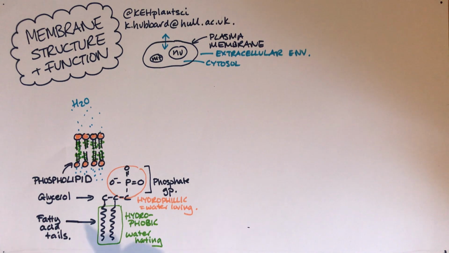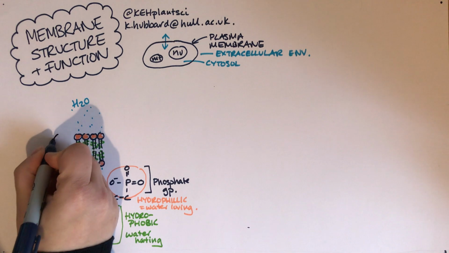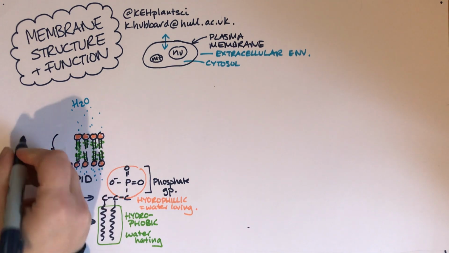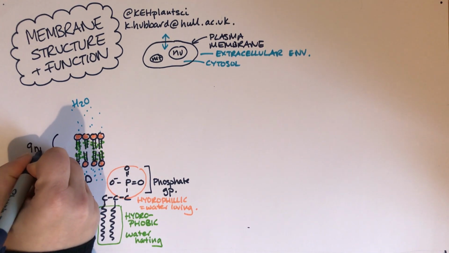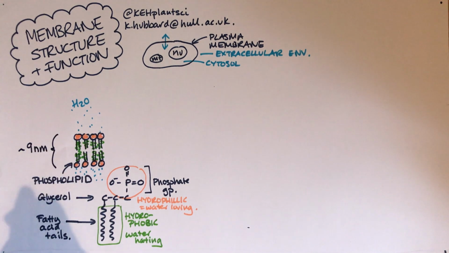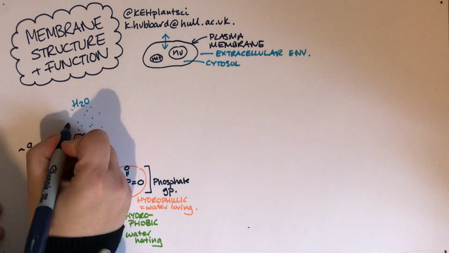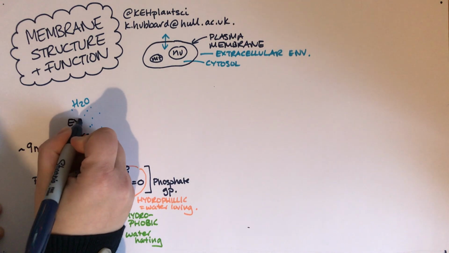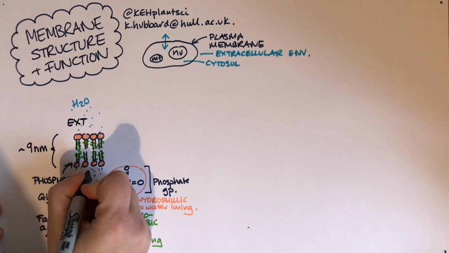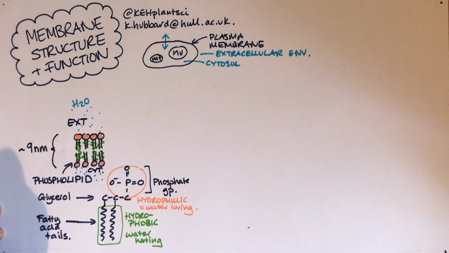So that's the structure of the membrane. The membrane itself is pretty thin, so it's 9 nanometers thick. So that's really quite a small distance between the external on this side and the cytosol on this side. Okay, so that's what the membrane's fundamentally made of.